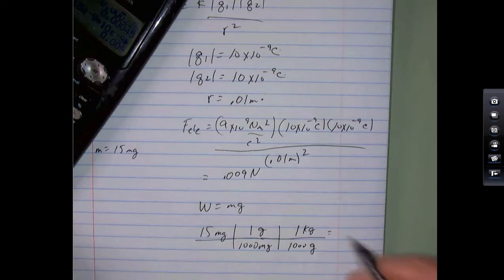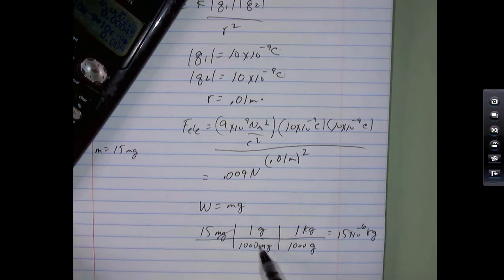So that's pretty small. 15 times 10 to the -6th in kilograms. Milligram cancels out, gram and gram cancel out. If you did this in your calculator, it would probably give you 1.5 to a different power here. If we make this one smaller, we've got to make this one bigger. So it would be 1.5 times 10 to the -5th.